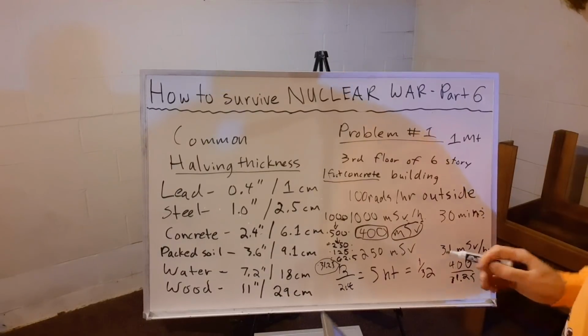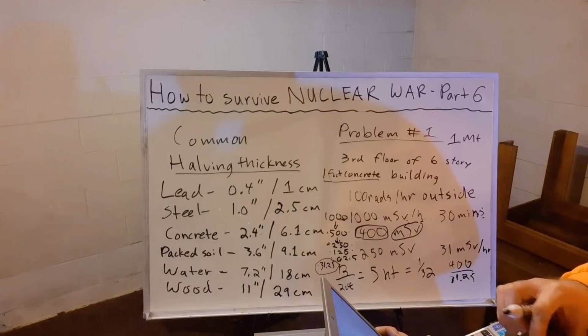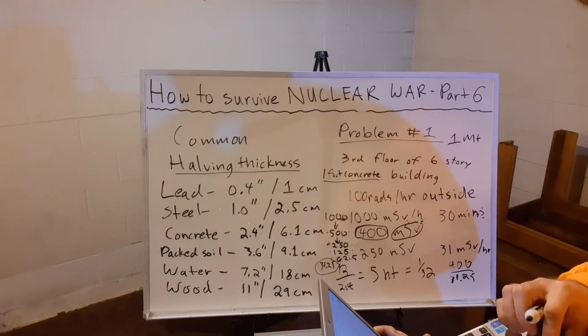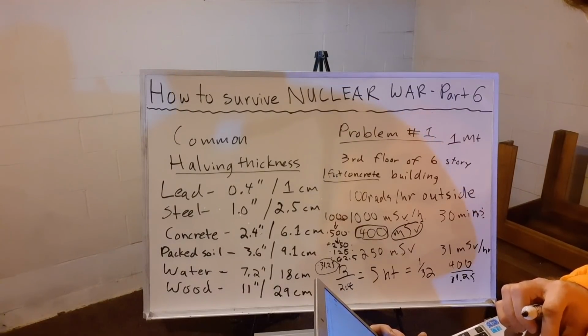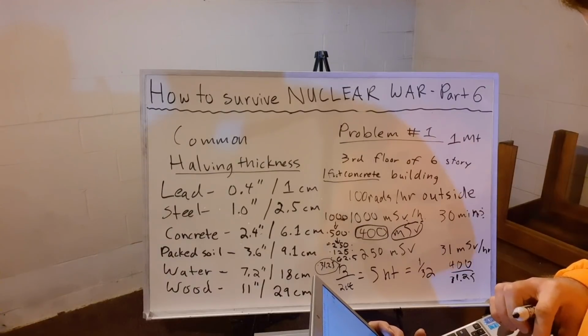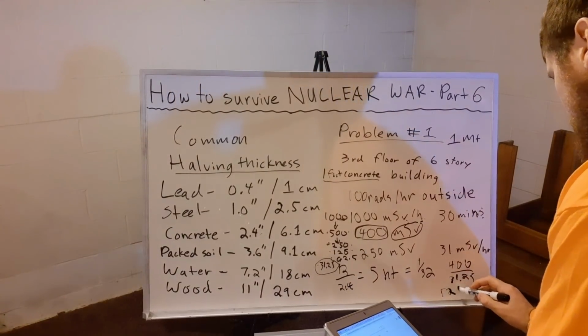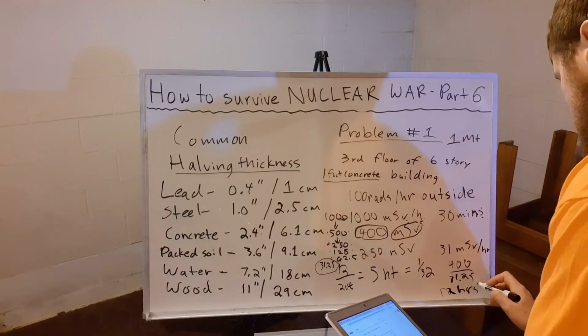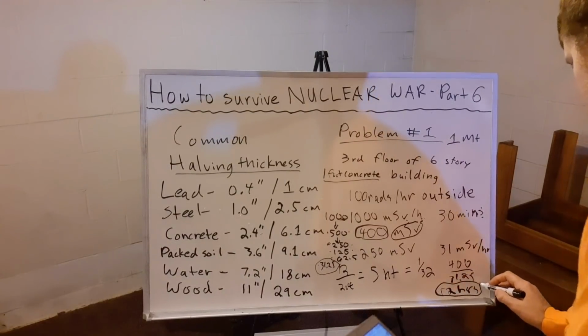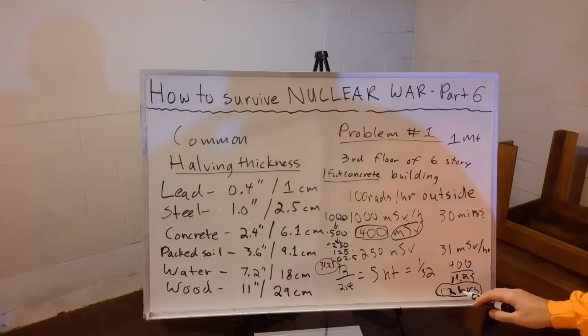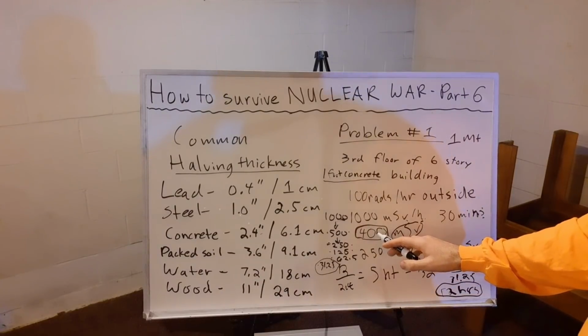Let's see what that is. I'm going to do that really quick and we'll get an exact number: how many hours we would have to be inside before we get radiation sickness. So 12 hours. You would have to be unprotected inside of the building for 12 hours to get radiation poisoning.